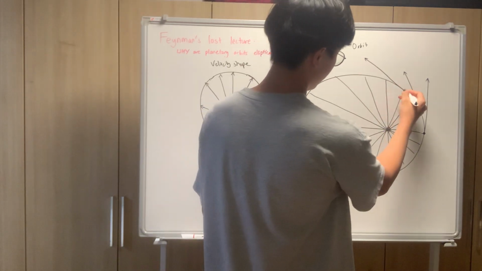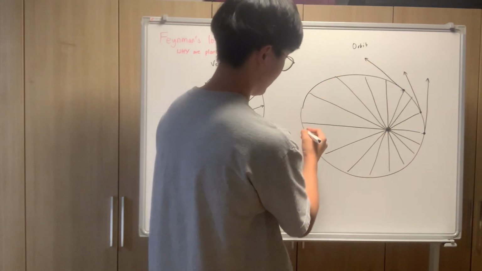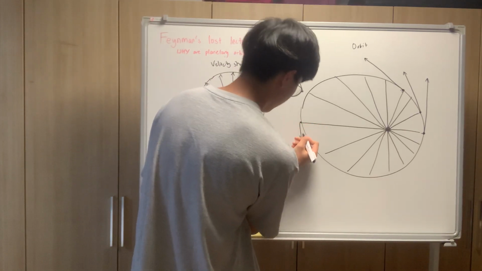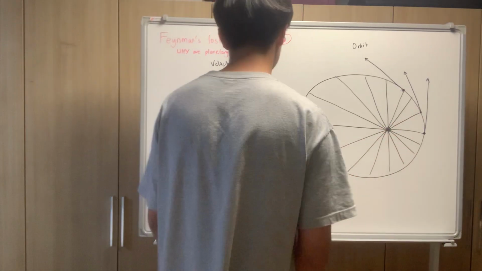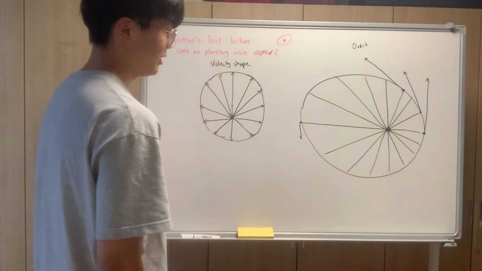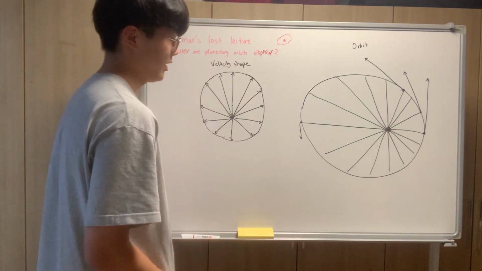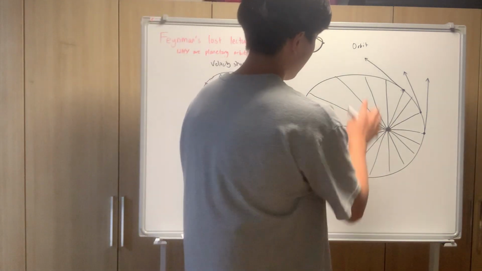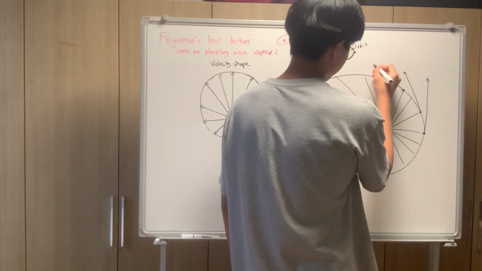And of course, this here is going to be getting smaller until here it's going to be the minimum, and there it's going to be the maximum. Well, now, how do we link these two together? We're going to focus on only one velocity vector.